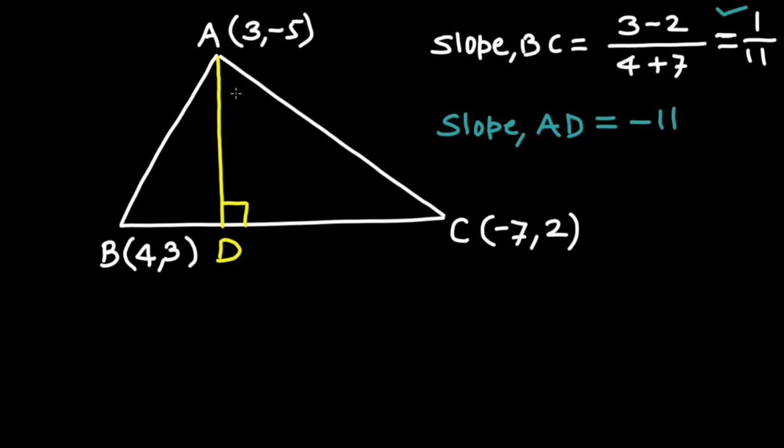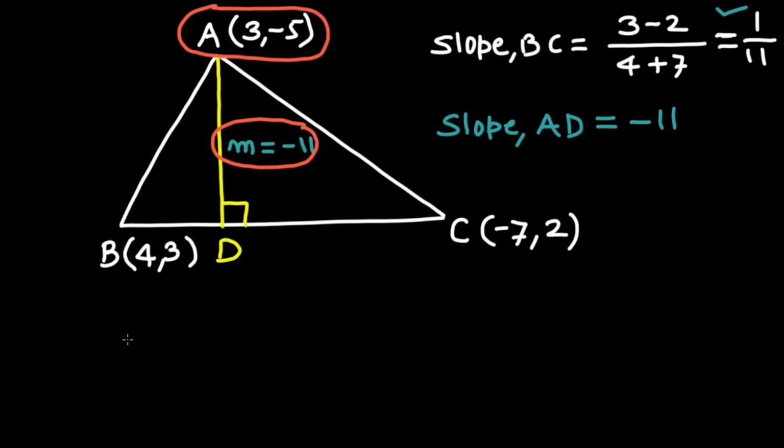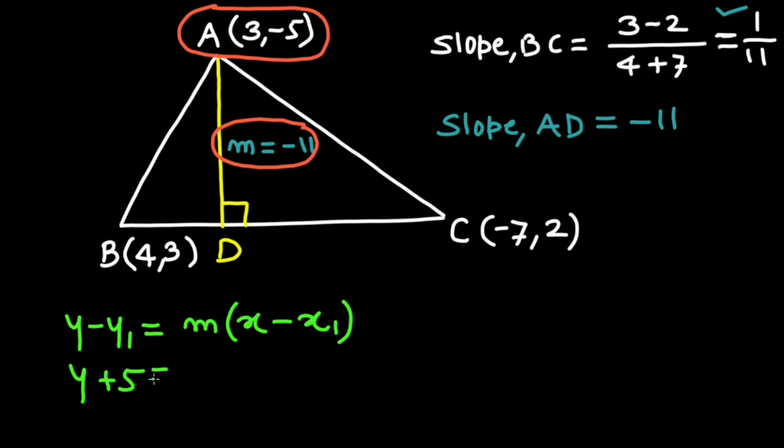We know the slope of the altitude m equals minus 11 and 1 point on the altitude. We can use the slope point formula to find the equation of altitude AD, which will be y minus y1 equals slope times (x minus x1), which will be y minus y1 equals minus 11 times (x minus 3).